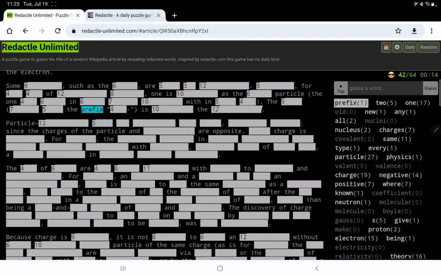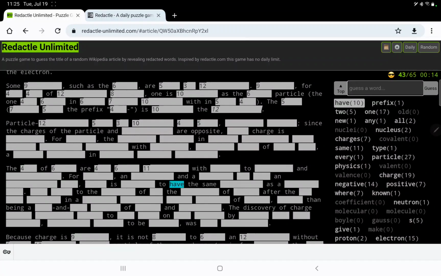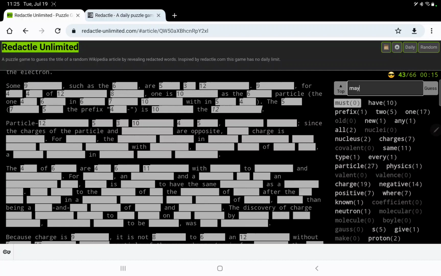Particle dash 12 5 3 10 4 5 have must, may, might.